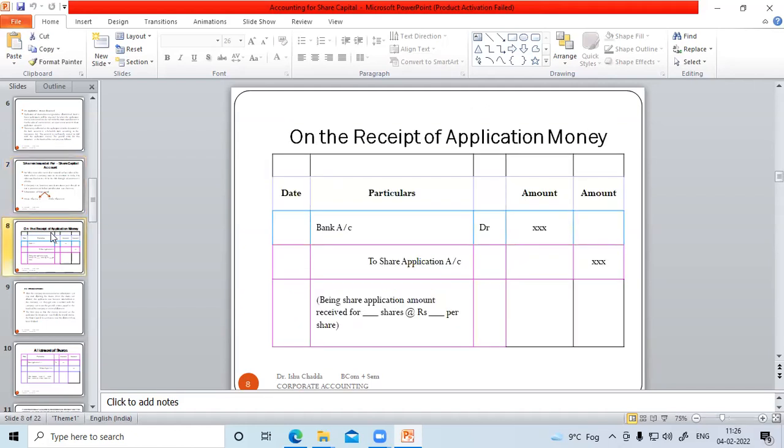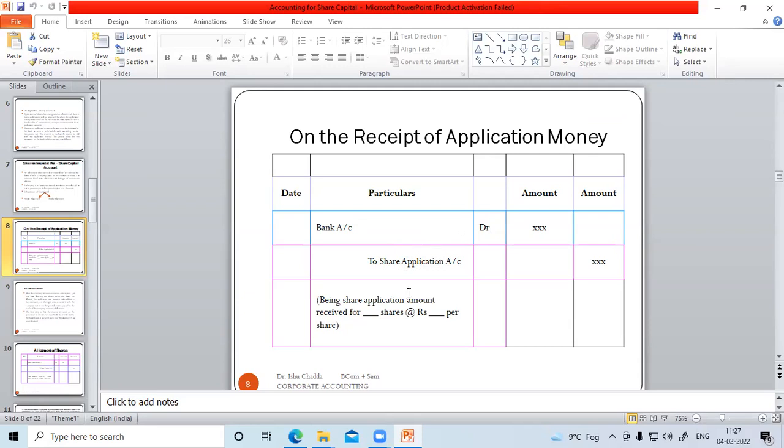So let's see the general entry. When you receive the application money, the bank account should be debited because you are receiving the money. Debit the receiver and credit the giver. In this case, the share application account will be a personal account, so we have to credit the giver, that is the share application account, and the bank account is debited because you are receiving the money.